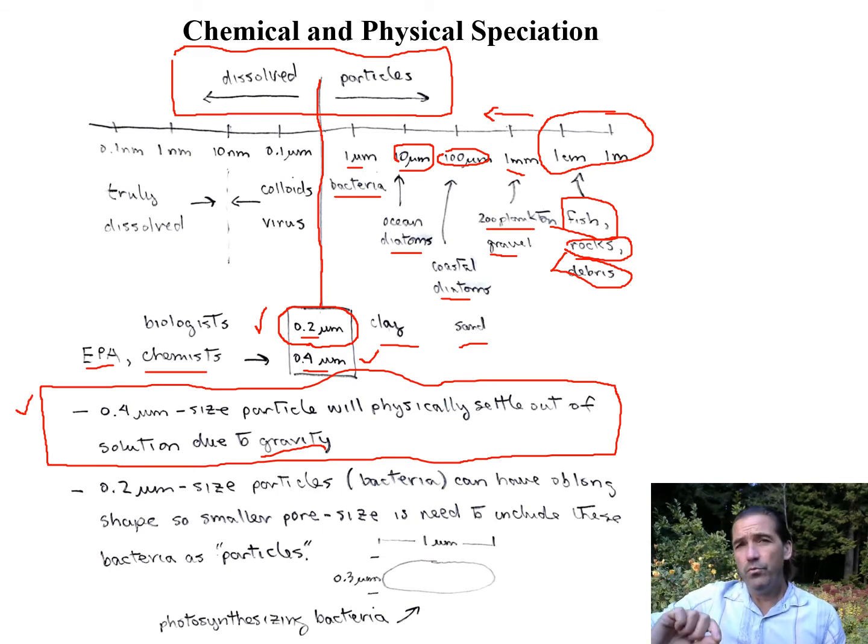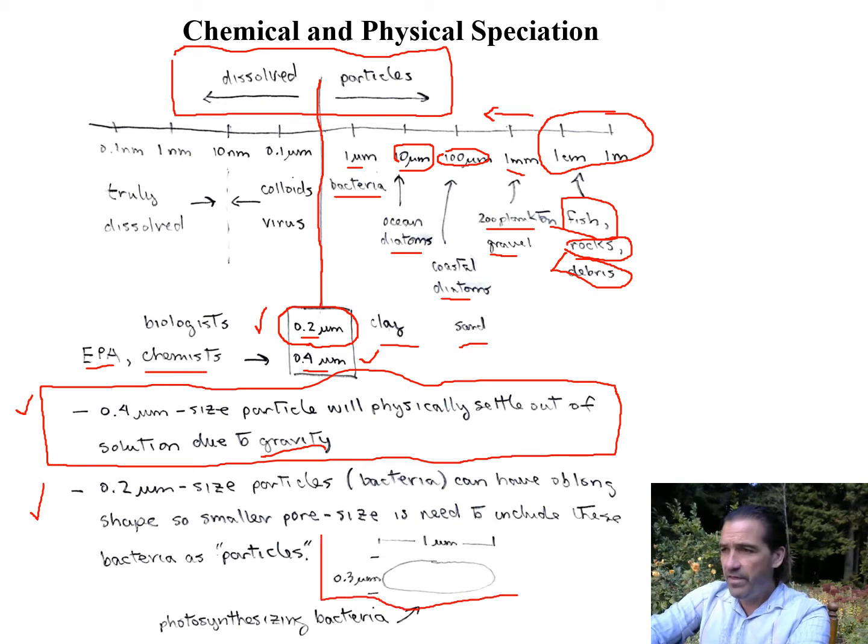But we would say that all bacteria are particles. They're not dissolved, they're particles. And so what happens when you run, say, your water sample through a filter is that some bacteria aren't spherical. They have odd shapes. They might be oval shaped.